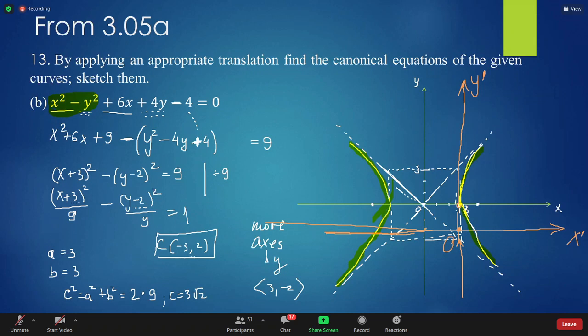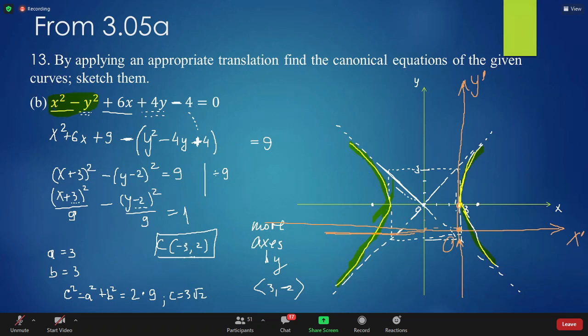We move the system of coordinates in the exact opposite direction to which we wanted to move the hyperbola. So the movement goes in the opposite direction, but we move the axis. So that now, with respect to these new, the orange axis, we see, oh yes, the center has moved by -3, 2.